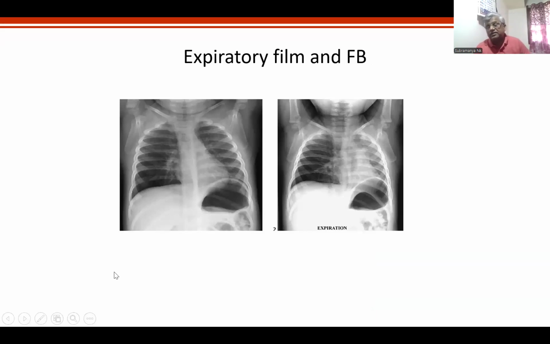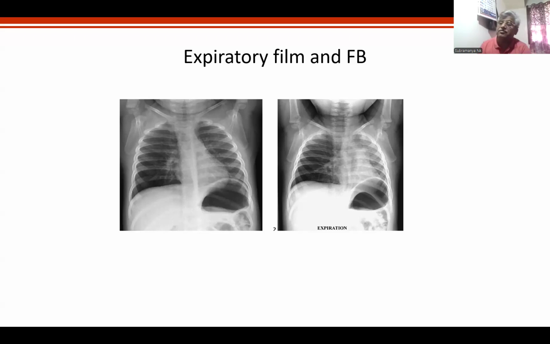Now, is it that an expiratory film is bad? I'll just show you. This is an expiratory film, and this is an inspiratory film on the left. When you took the expiratory film, there was a further air trapping, and it helped in detection of a foreign body. Please don't think expiration is a disadvantage.